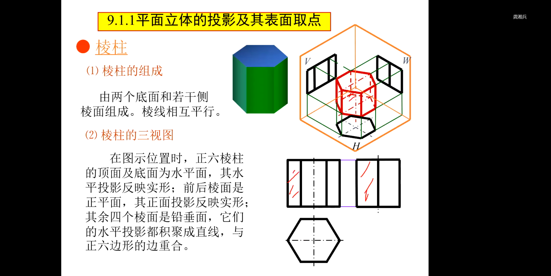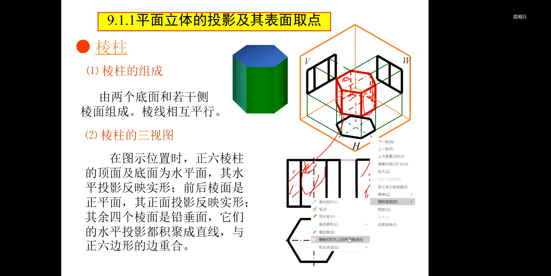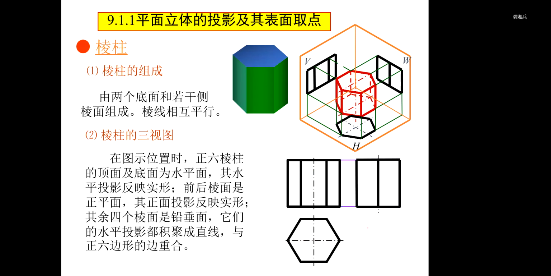The back one is blocked by this one because it's the same one. Also, the middle plane is this one, and the back plane is blocked by this one because it's the same one. So you should become familiar with this projection of the prism.